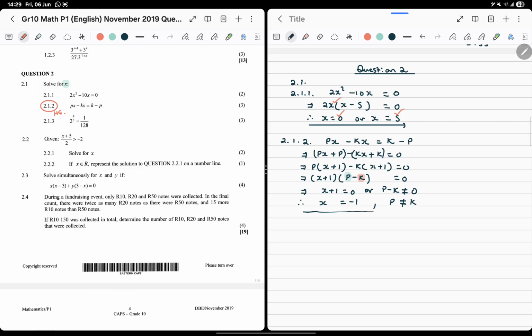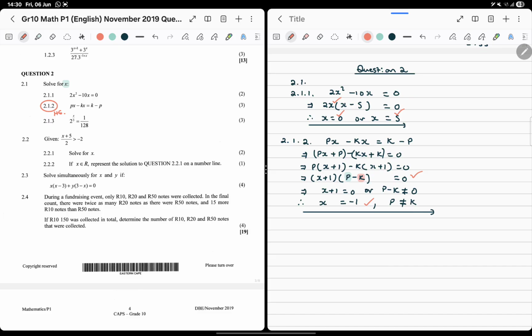I think that is a strong condition. Without that condition, we will lose the third mark because we cannot solve this expression if at all we are not aware of what is going on here. So usually, folks, the final factorization becomes important here.